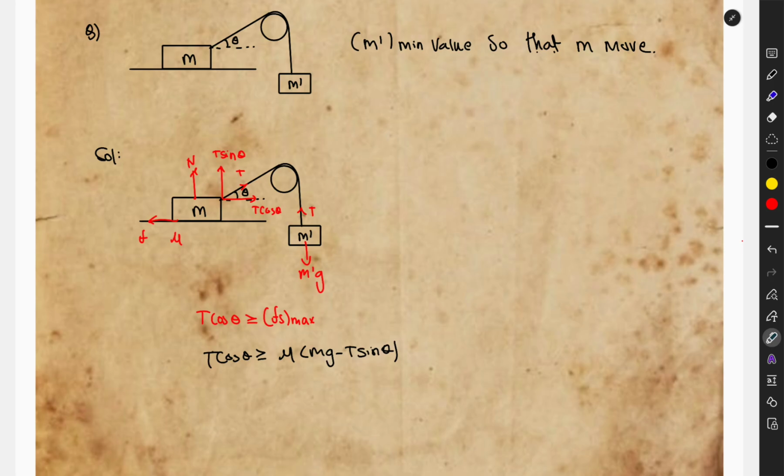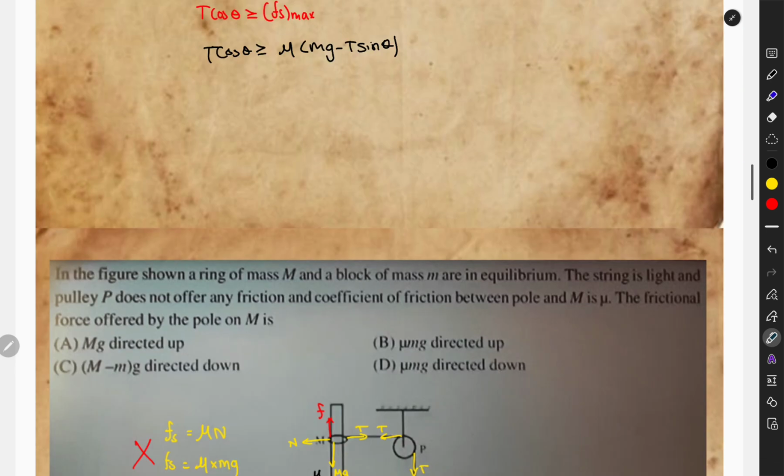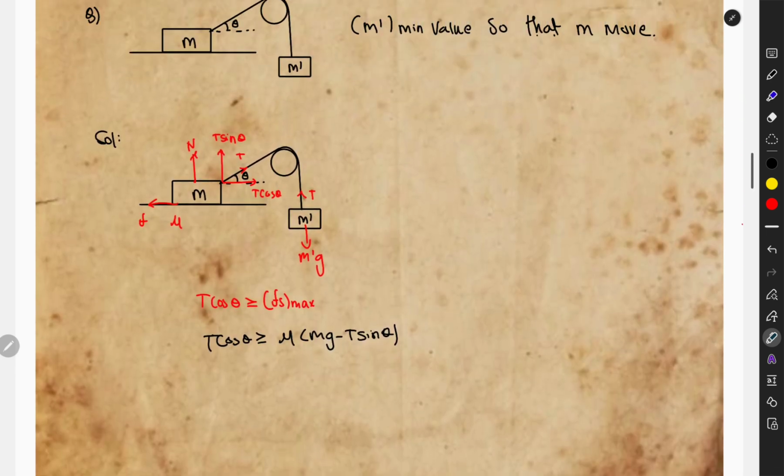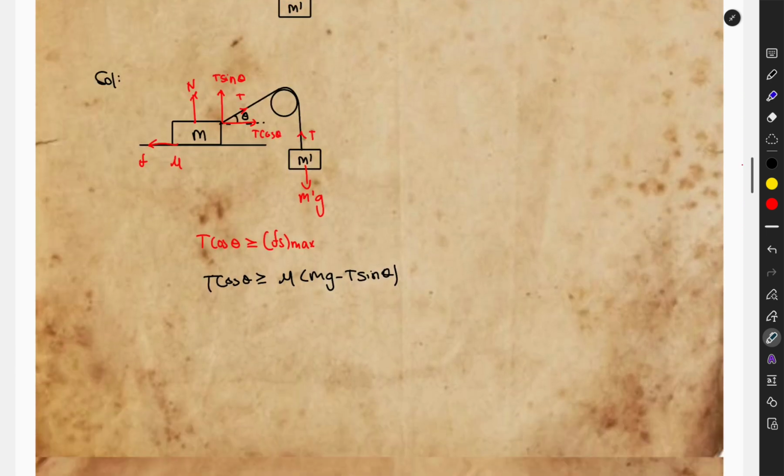So in this case the static friction's maximum value should be overcome by T cos theta for sure. So this is the fs max equation, and T cos theta should be more than, or equal to, fs max.